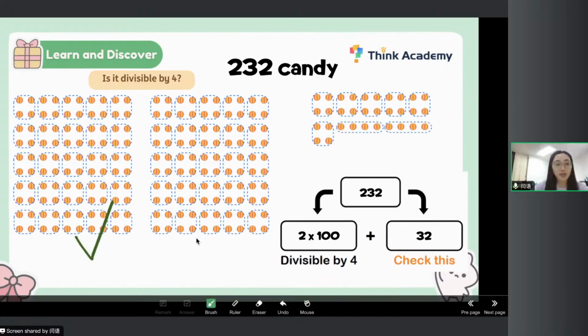So here, 100, yes. 100, yes. Then we only need to check the last part. For the last part, there are only 32 candies, right? For 32, you see again, the last 2 digits, and 32 is divisible by 4, which means the number 232 is divisible by 4 as well.